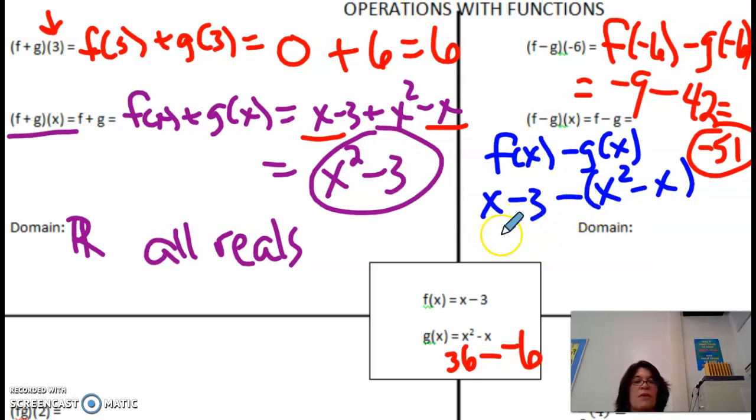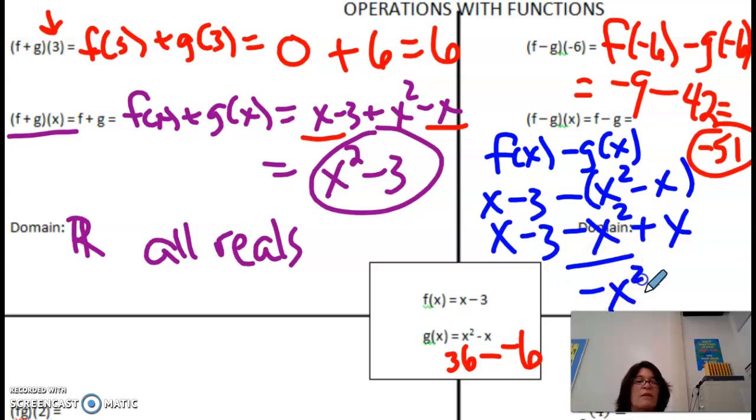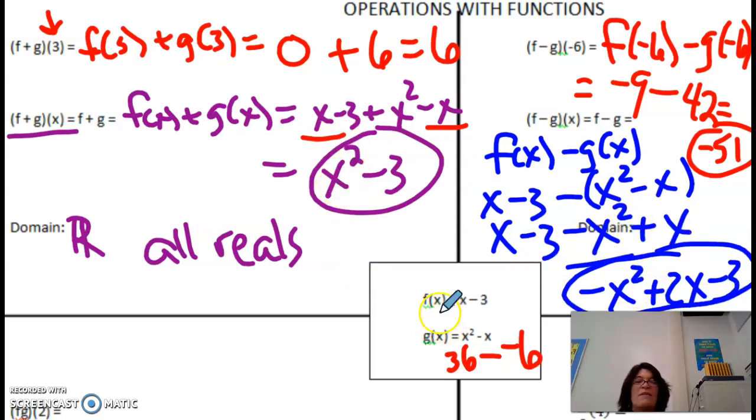Okay? So that's really x minus 3 minus x squared plus x. I end up getting negative x squared. I have 2 x's, minus 3. Now I'm contradicting what I said earlier, aren't I? When I said I like to have my positive term first. I also like to write in descending order of x.